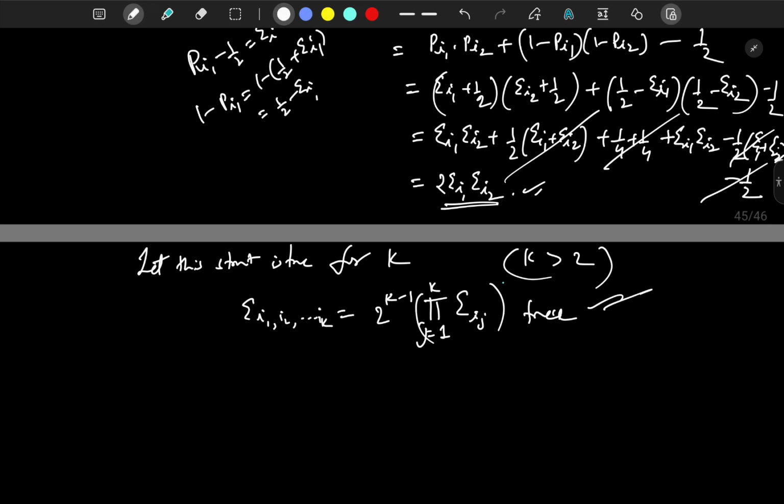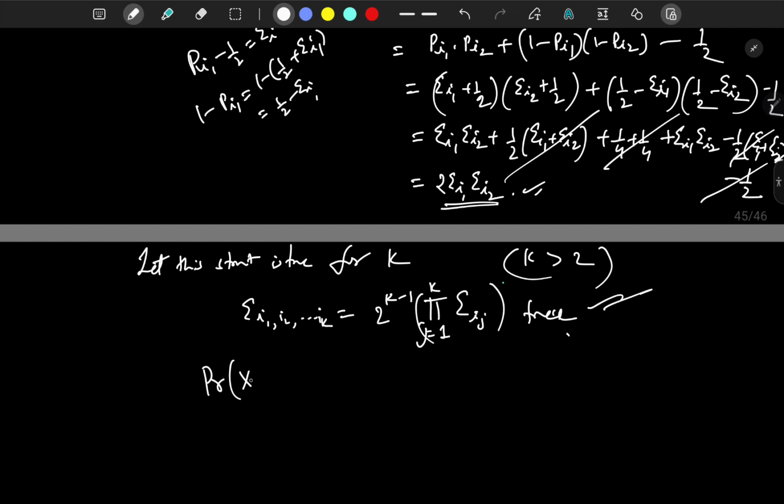So now what we have to do is prove that this is true for the k plus 1 statement also. To prove that, we have to include one more variable. So what are you accepting here?